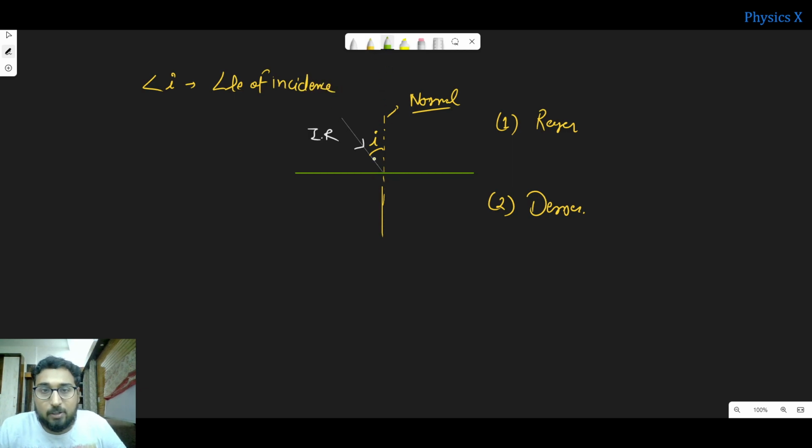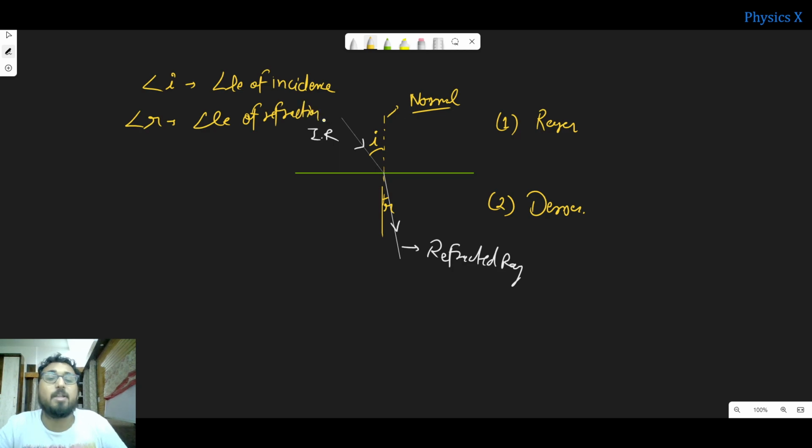And as I told you, since this is a denser medium, the ray of light will bend after striking the surface, and it will bend towards the normal. So this is your refracted ray. The angle between this refracted ray and the normal is called the angle of refraction.